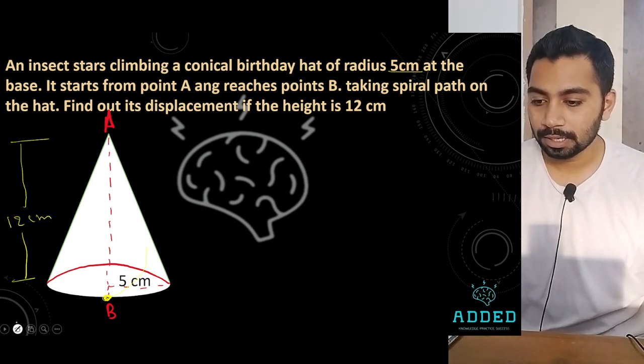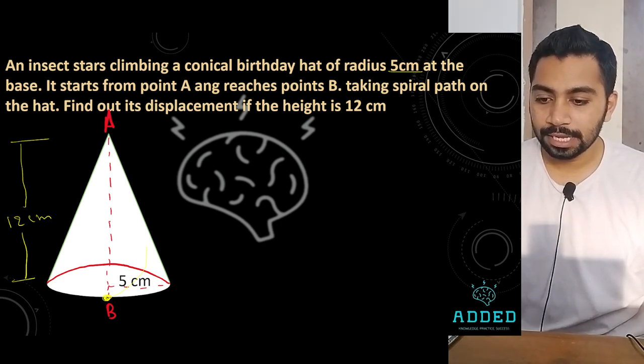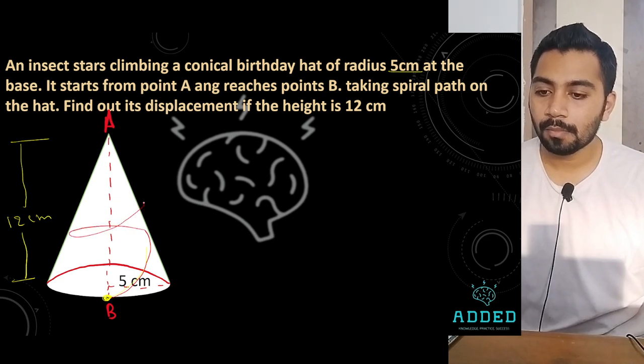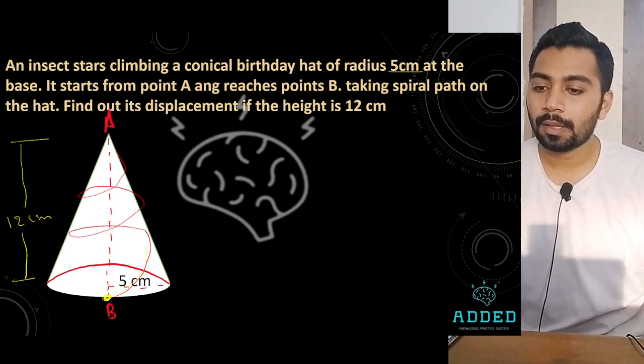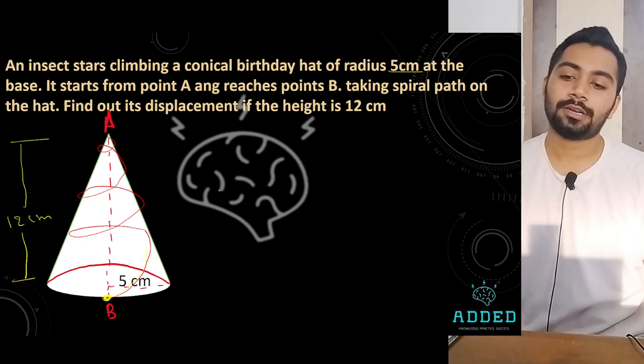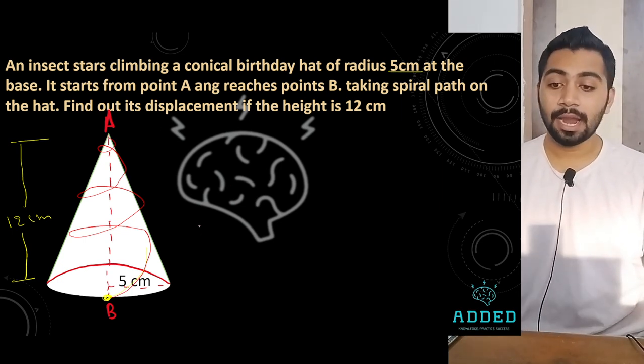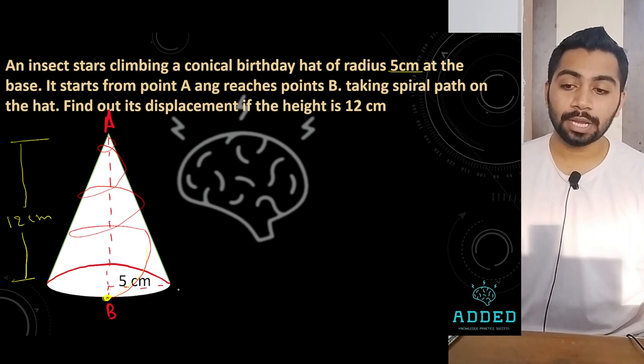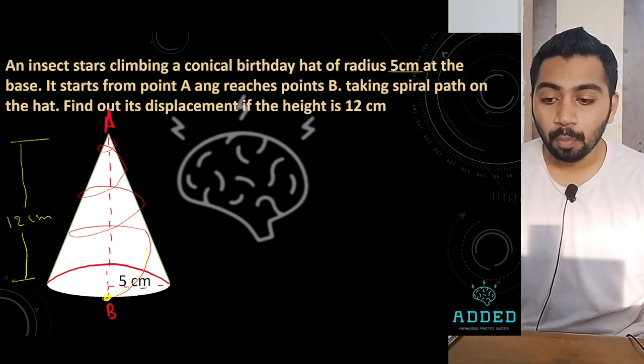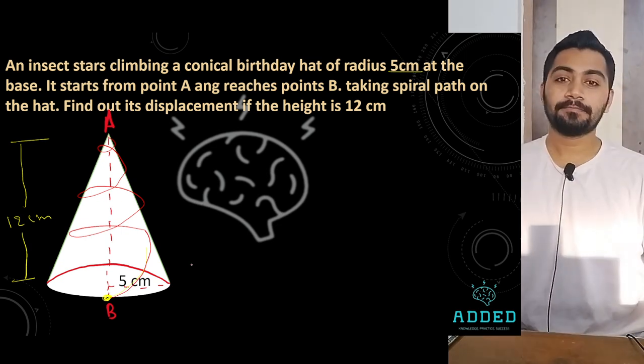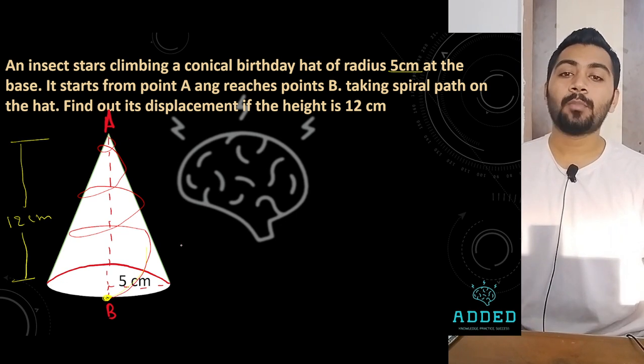Okay, I will change the color. It's taking a spiral path like this, and reaching here. Now we want to tell what is the displacement between point B and point T.